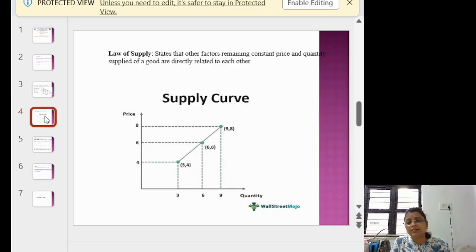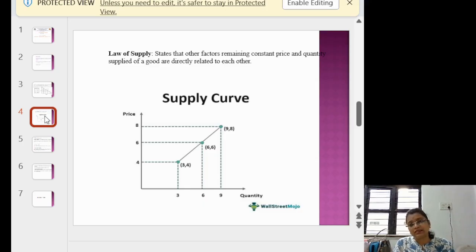Next, law of supply. What does law of supply state? Law of supply states that the price and quantity are directly proportional to each other. Then what is the meaning of directly proportional? Means if price is low, supply is also low, and if price is high, supply is also high.